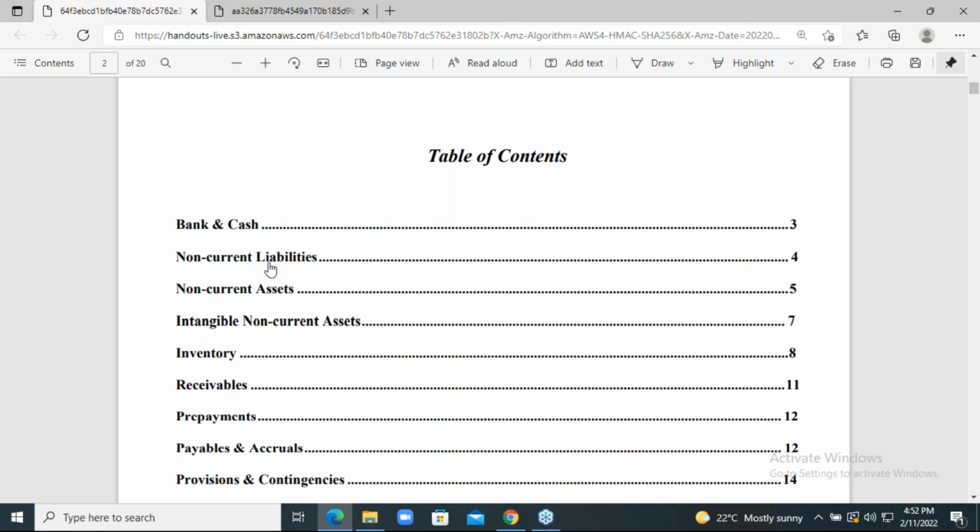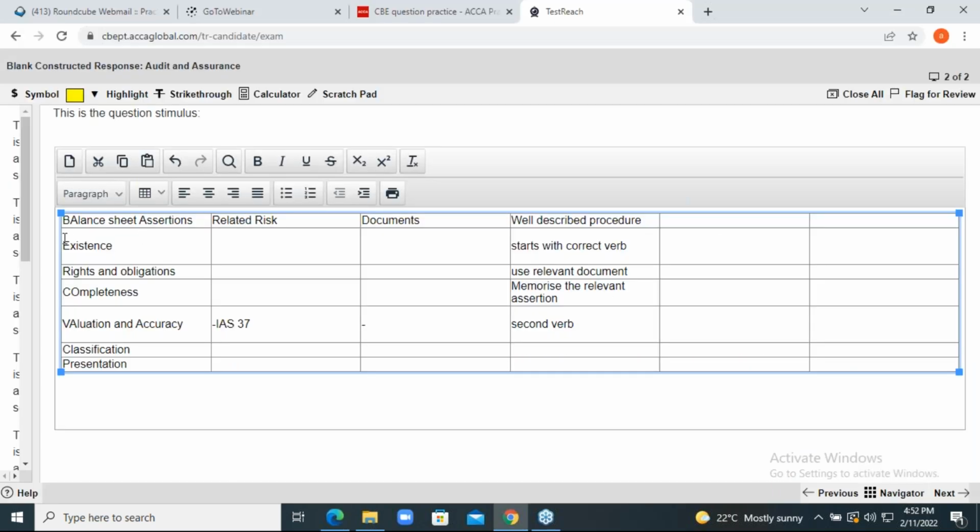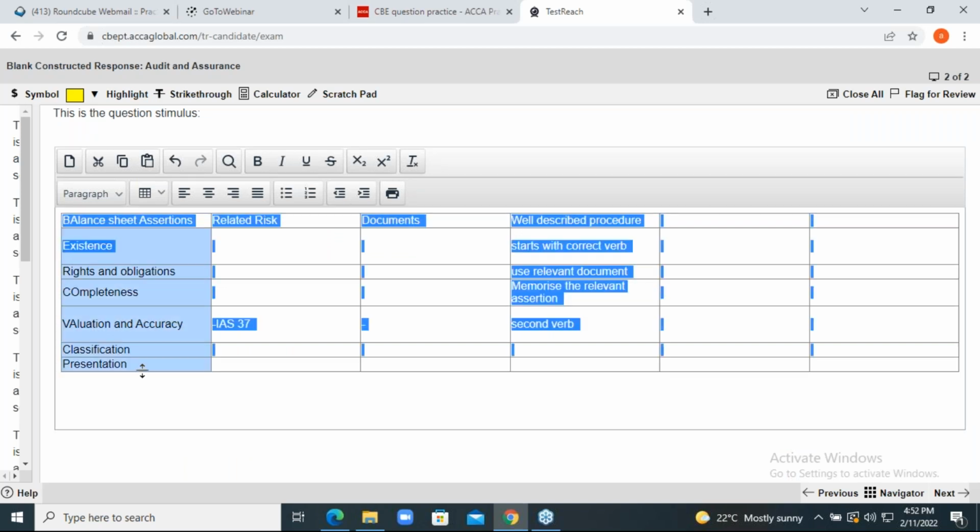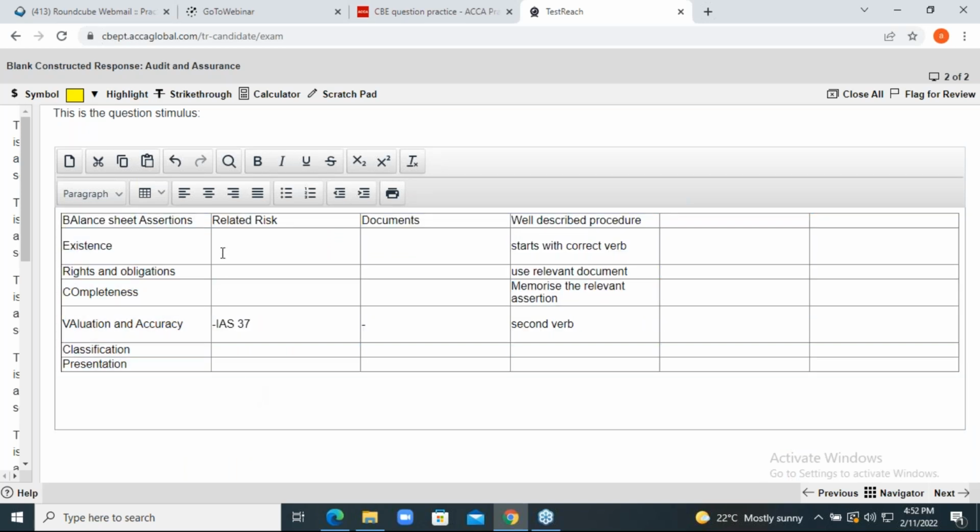Now, first of all, go to that table you are going to memorize. You should be aware of the relevant assertion. You would already have knowledge of the related risk, especially in the non-current liabilities section. Just memorize the relevant documents.